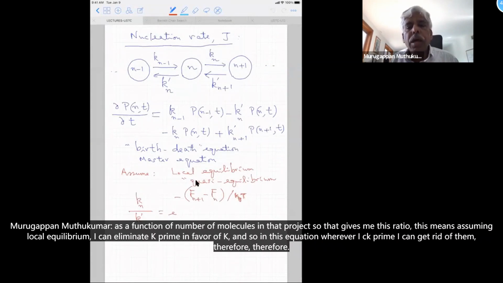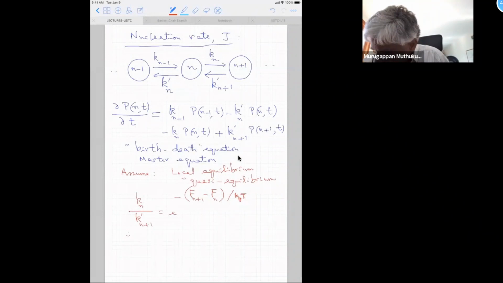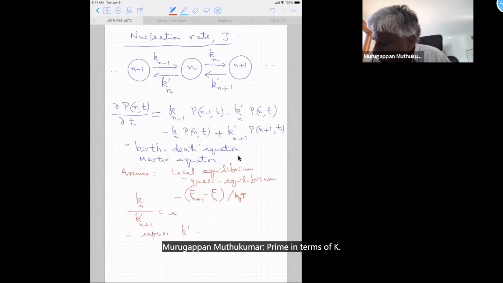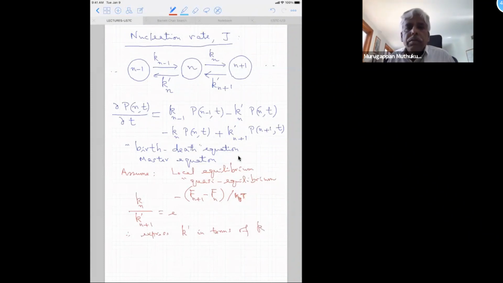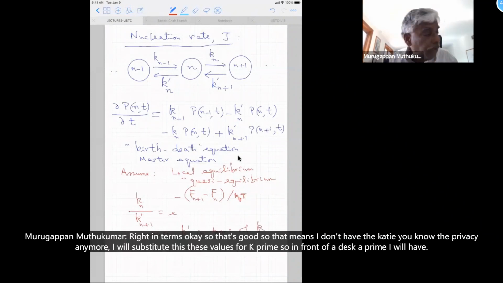This means, assuming local equilibrium, I can eliminate K prime in favor of Kn. So in these equations, wherever I say K prime, I can get rid of them. Therefore, express K prime in terms of K. So that's good, I don't have to carry the primes anymore.